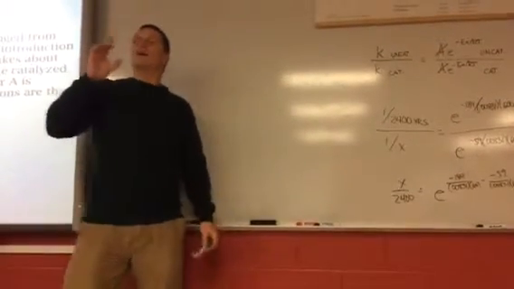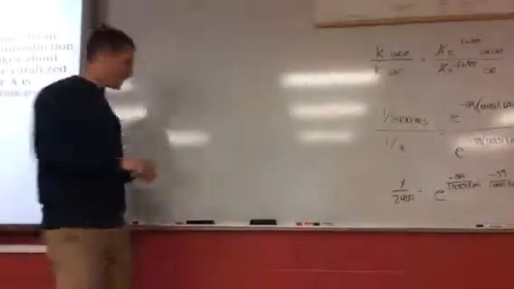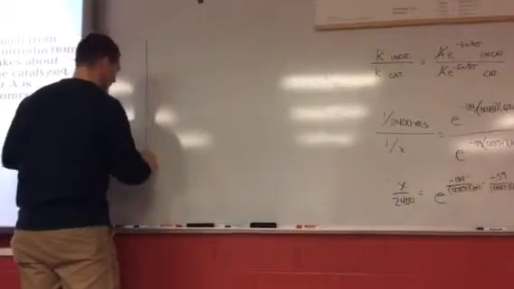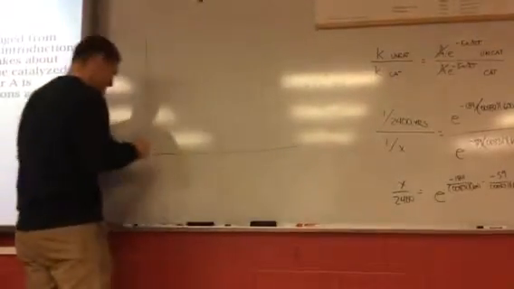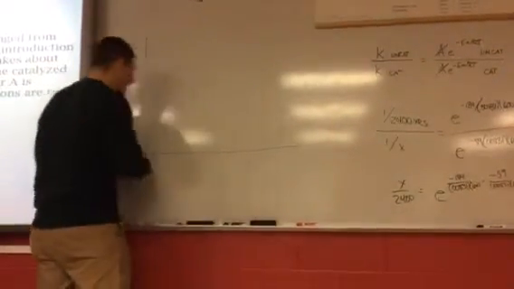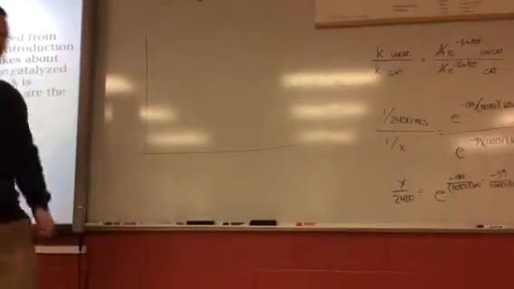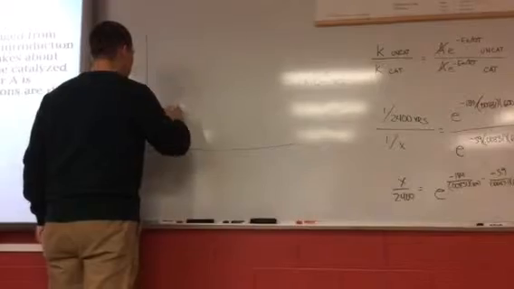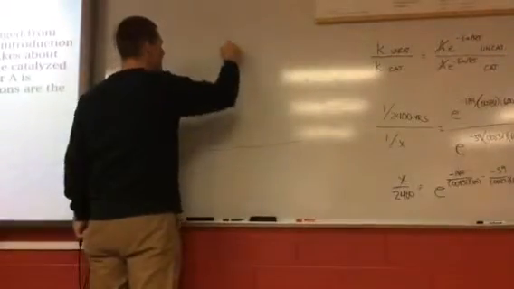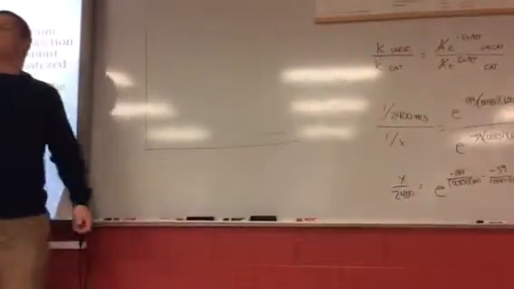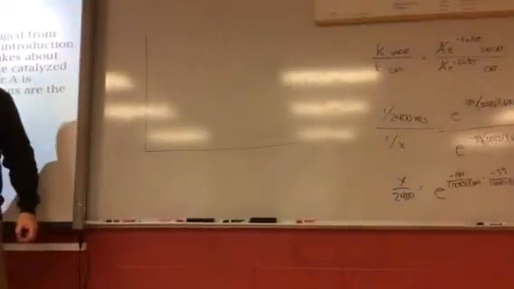Now, let me give you another visual to give you an idea of what just happened. It had to be a spontaneous reaction to occur, even if it took a long time. This is a high activation energy. It's what a high activation energy means.